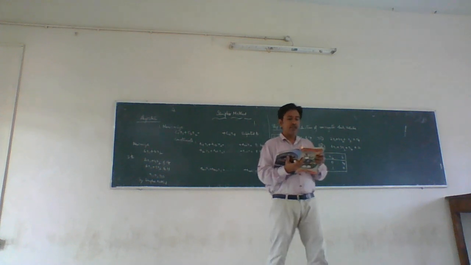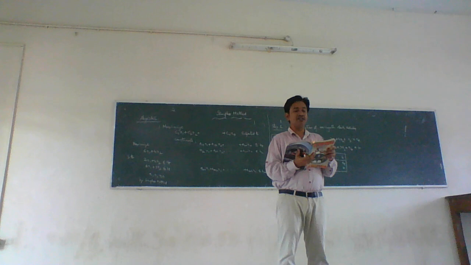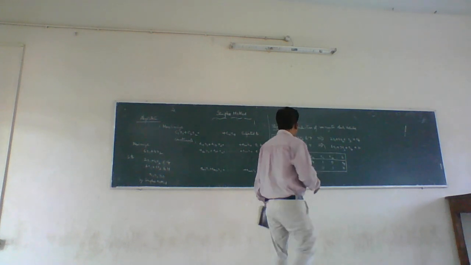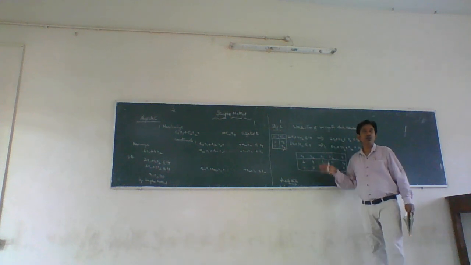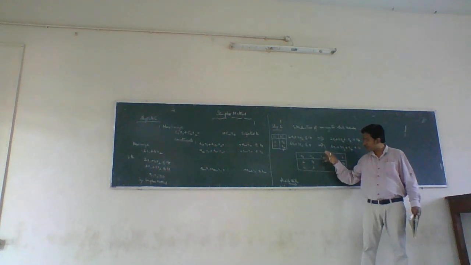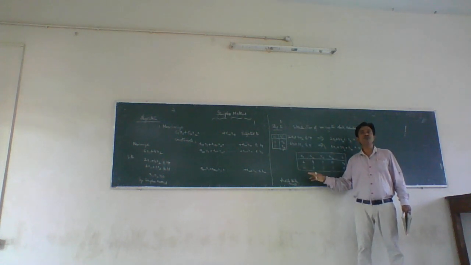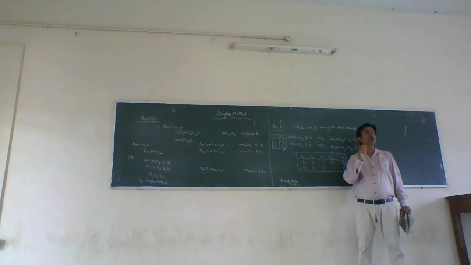He is saying, an obvious solution involves only variables whose columns consist of 1 and rest 0. Look at the columns: first column, second column, third column, fourth column, fifth column. Which columns have 1 and 0? Those have the solution. The rest of them do not have the solution. That is what the definition says.